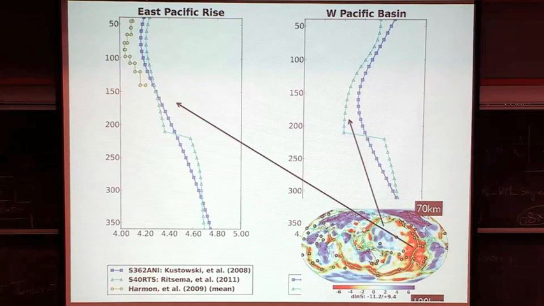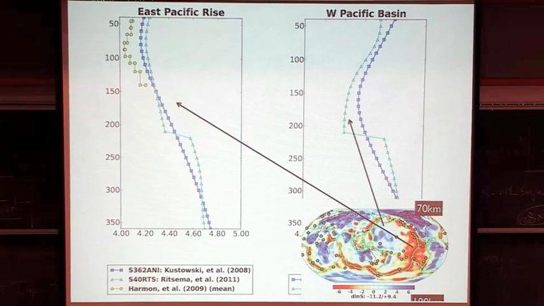The model obtained with the local data is this model by Harman, compared to the velocity profile from two different recent global models. And you can see that the global models do not reach these low velocity anomalies that can be reached at the local scale with local data.